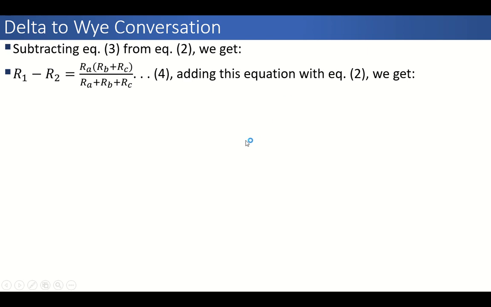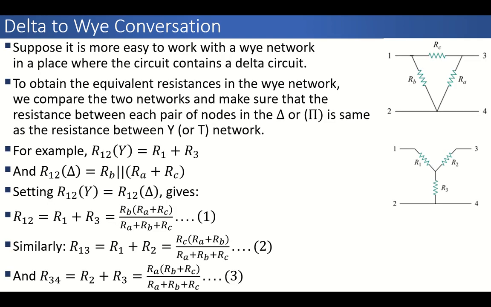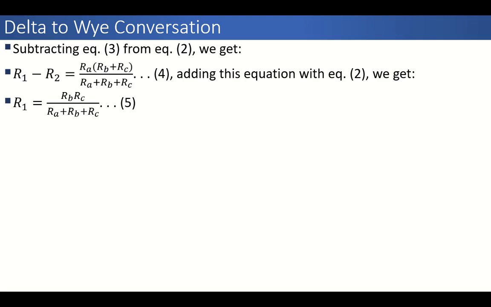So if we add this equation into equation number 1, we can say that R1 will be equal to RB RC divided by RA plus RB plus RC. So now you can see that we have expressed R1 in terms of RB, RC and RA. So it means that we have actually converted the resistance R1 in Y network, and we have expressed that resistance in terms of delta network resistances.